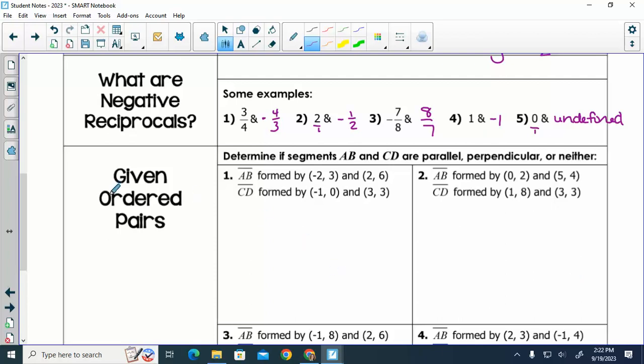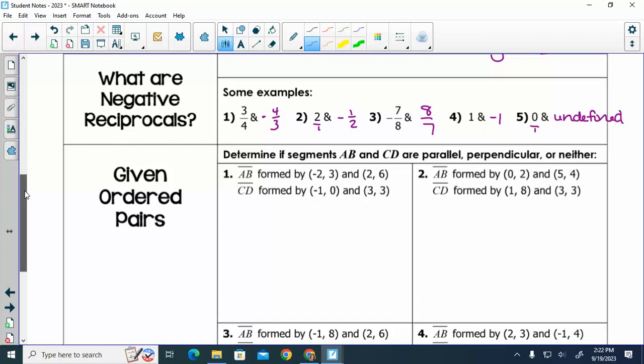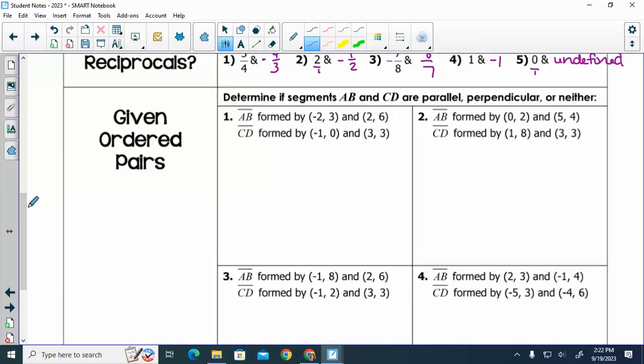So now we're going to practice deciding if our lines are parallel or perpendicular. Starting out, they are giving us the ordered pairs for each of those lines. So what am I going to have to find first? Slope.